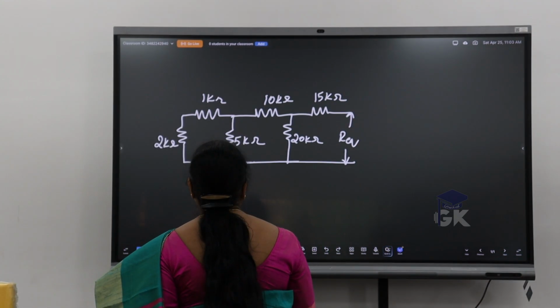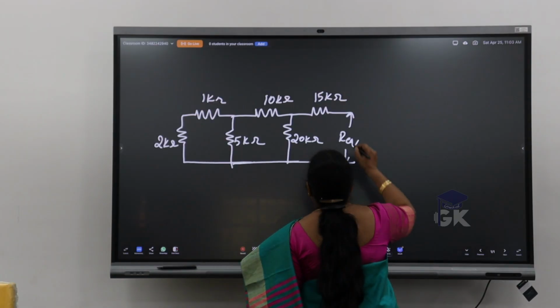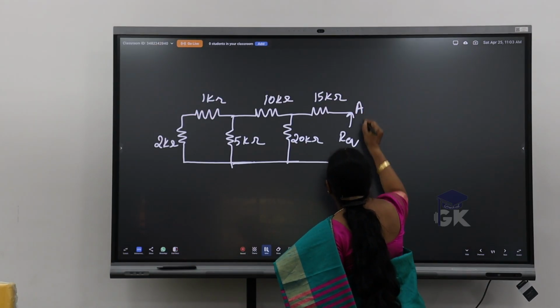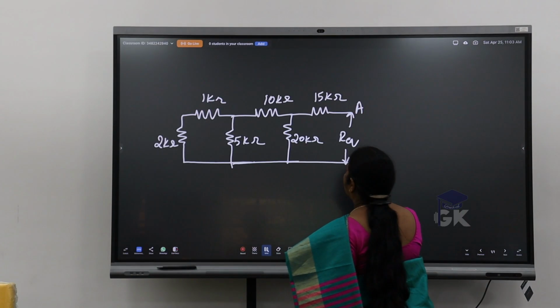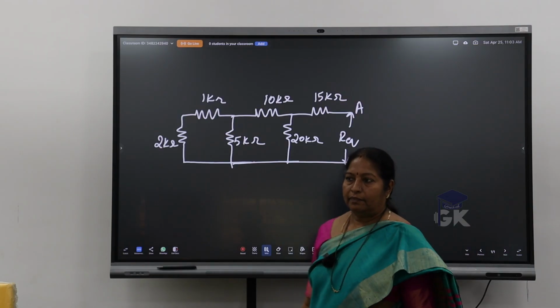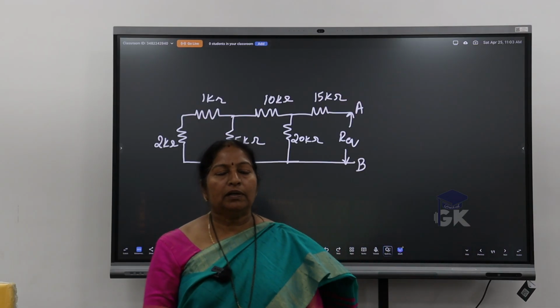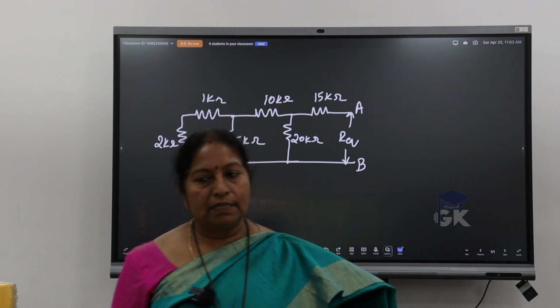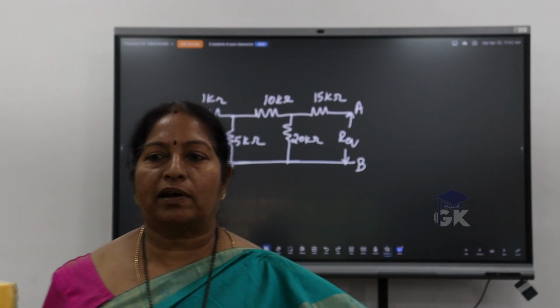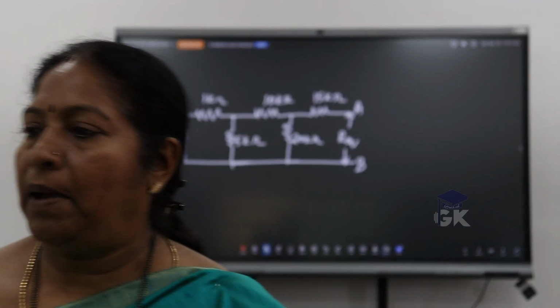Find the equivalent value between A and B, across the terminals AB. Junctions and all, you have to put the directions, you understand, and then find which are all in series and which are all in parallel.